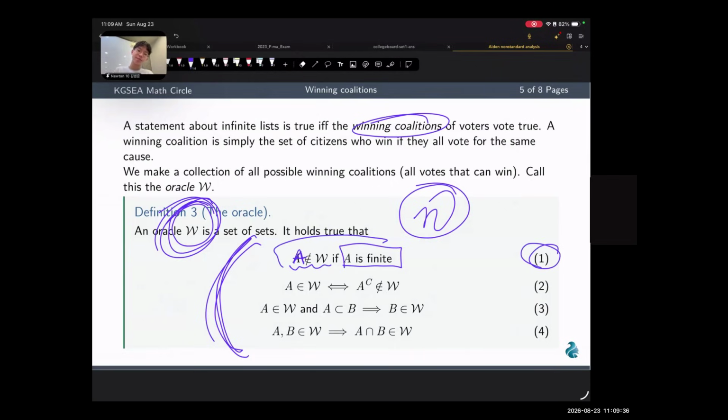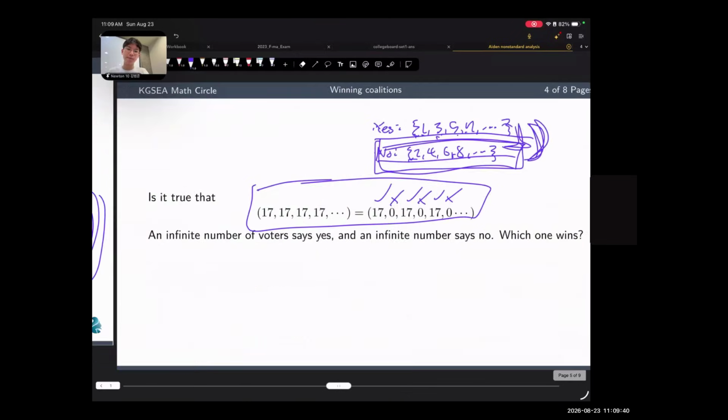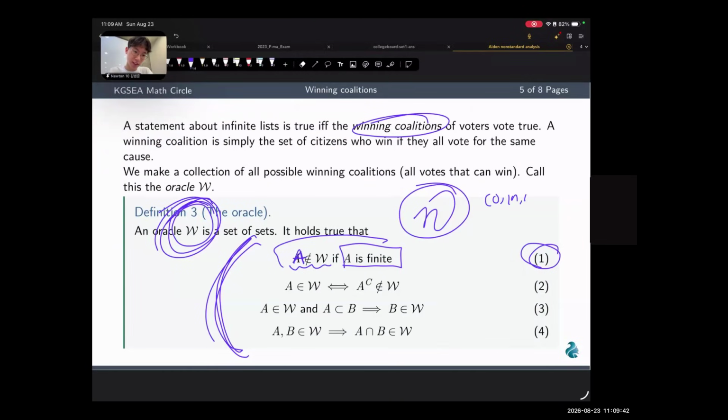This is to say, the reason why 0, 17, 17, and so on was equal to 17, 17, and so on, the reason why they were the same numbers, was exactly because here the people who vote no are going to be only one. The voters who are going to vote yes are everything after that.